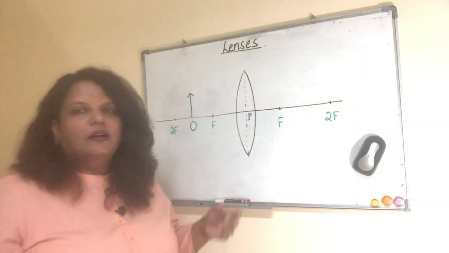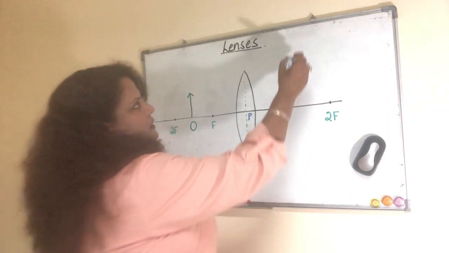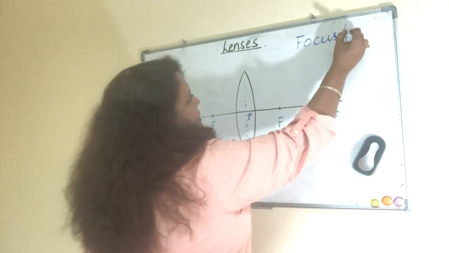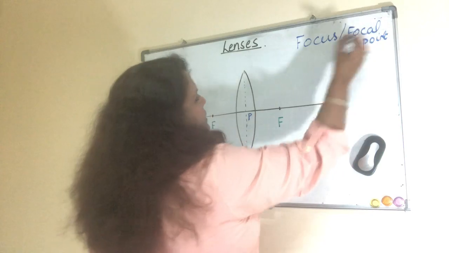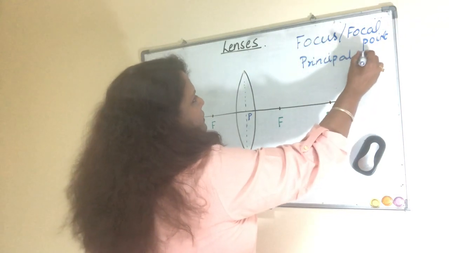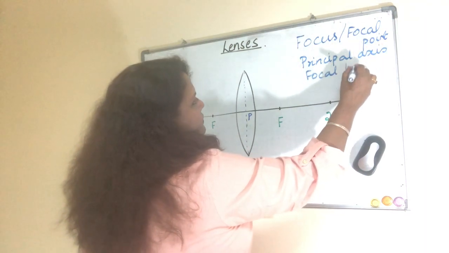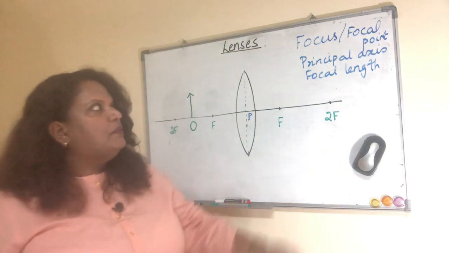All right, first let's look into the common key terms that you'll be using in the lenses chapter. The focus or focal point. Also you might be using principal axis and focal length. All right, these are some of the key terms that you should be familiar with.